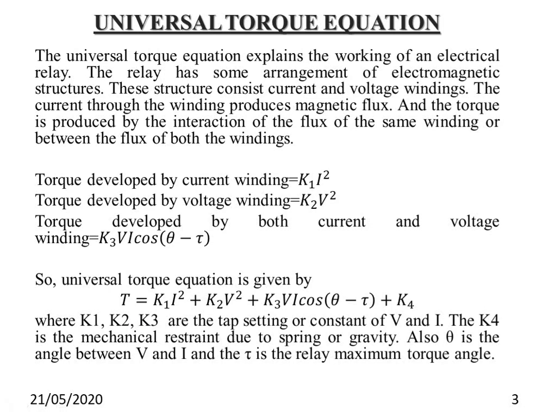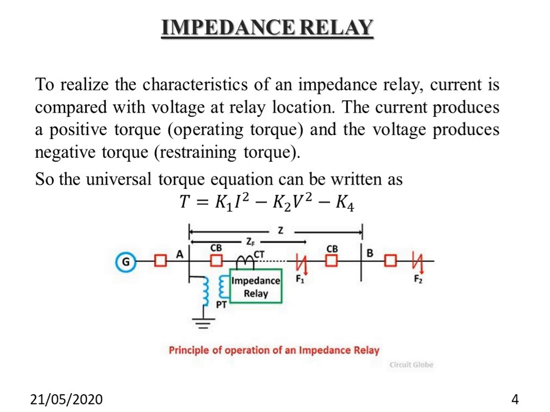Now first proceed to the impedance relay. To realize the characteristics of an impedance relay, current is compared with the voltage at the relay location. We know impedance is equal to V by I. If we measure the current and voltage both, then calculating the ratio of voltage and current, we get the impedance, because V by I is equal to impedance.